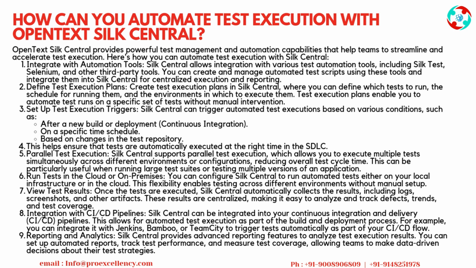Silk Central allows integration with various test automation tools, including Silk Test, Selenium, and other third-party tools. You can create and manage automated test scripts using these tools and integrate them into Silk Central for centralized execution and reporting. Define test execution plans.